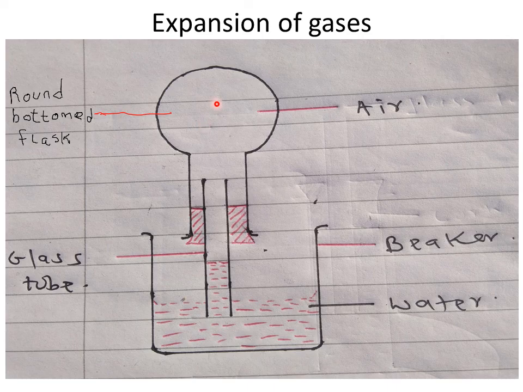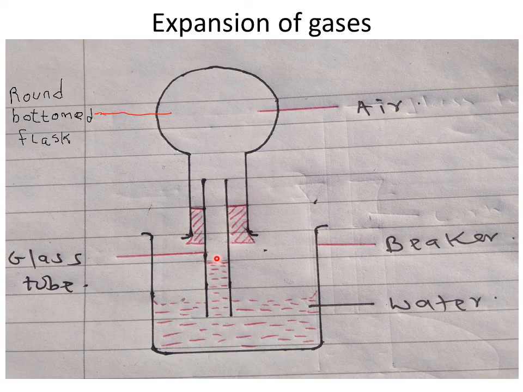Now when the supply of heat is continued on the round bottom flask, that is when there is more heat supply, soon bubbles will be seen escaping from the glass tube through the water.